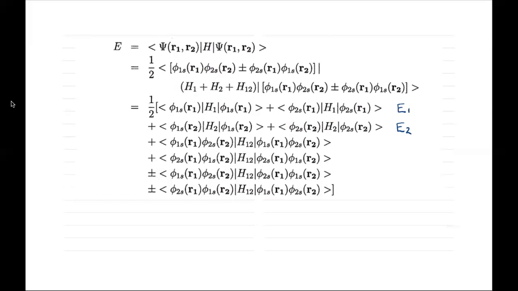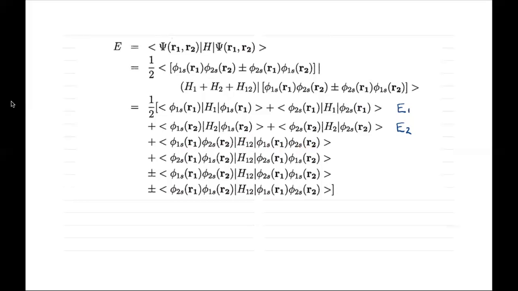Let's have a look at the next term. So in the next term, we have on the left-hand side electron 1 in the 1s orbital and electron 2 in the 2s orbital. Then we have the Coulomb interaction operator. Then we have again electron 1 in the 1s orbital and electron 2 in the 2s orbital.